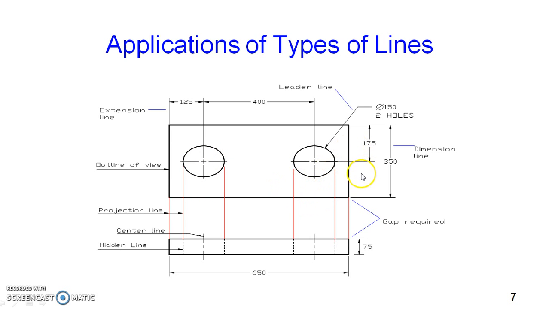Continuous thin lines are used to show the projections shown here by the red colored lines, as well as for dimension lines. This is the dimension line and these are the extension lines. Center line is used to show the axis of the holes, as well as the center lines of circular parts.